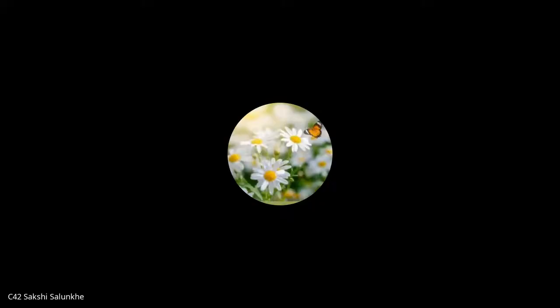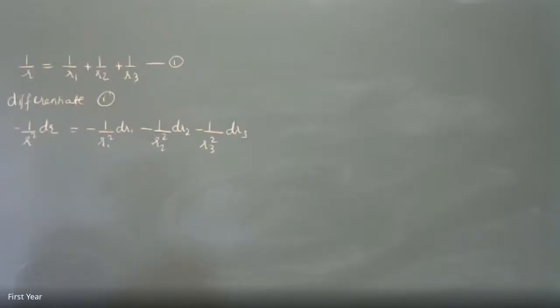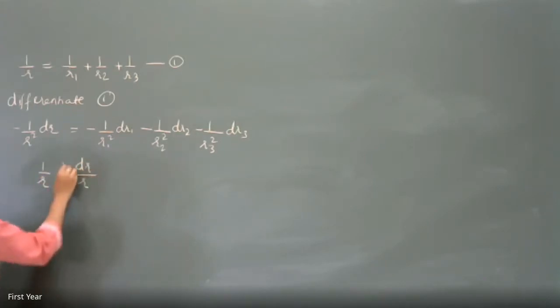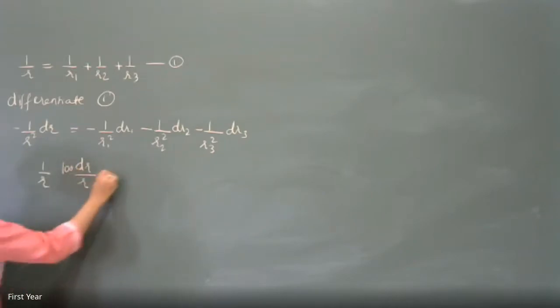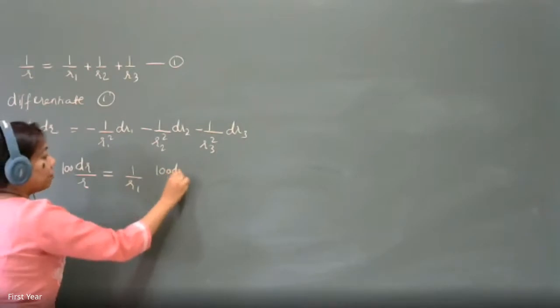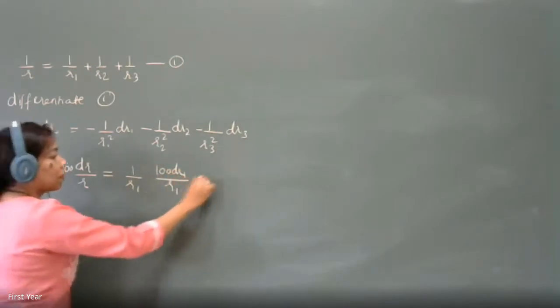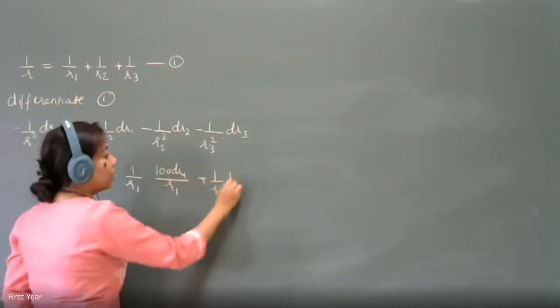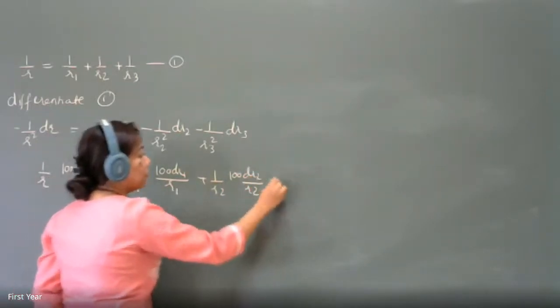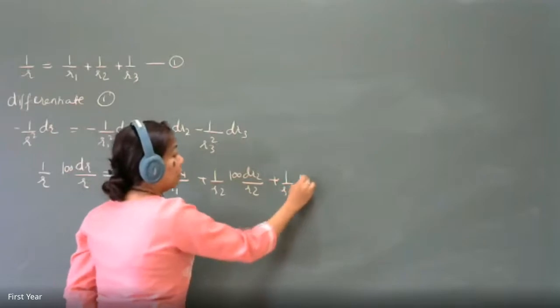Now everywhere you can see the minus sign, that can be cancelled, and you want to find 100 dR by R. So 1 by R1 I write separately, 100 dR1 by R1, plus 1 by R2, 100 dR2 by R2, plus 1 by R3, 100 dR3 by R3.